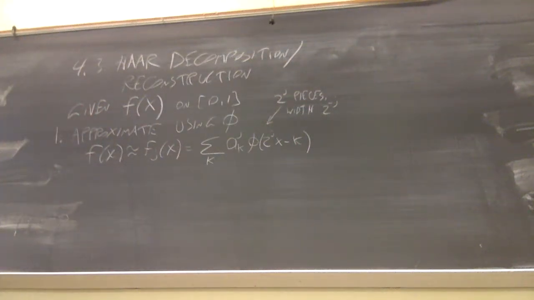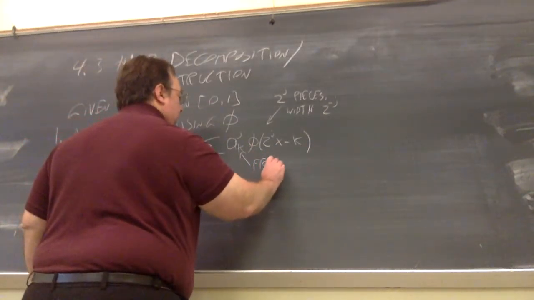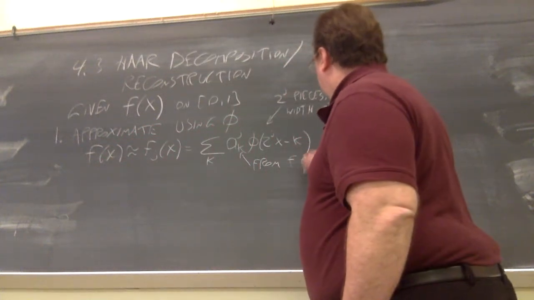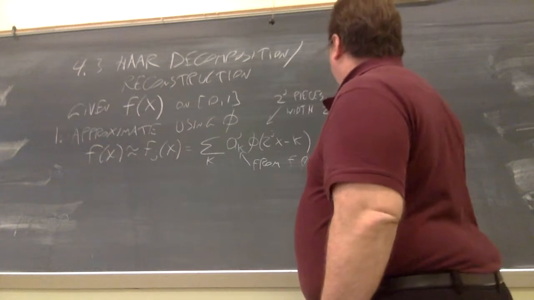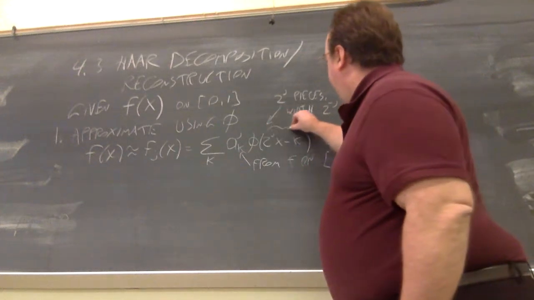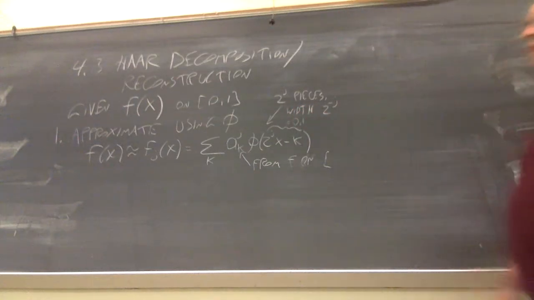All right. And the way we do that, this part is the easy part, because the coefficients come from the values of f on the interval that I get by, if I set this equal to 0 and 1, because that's where the phi function is active.